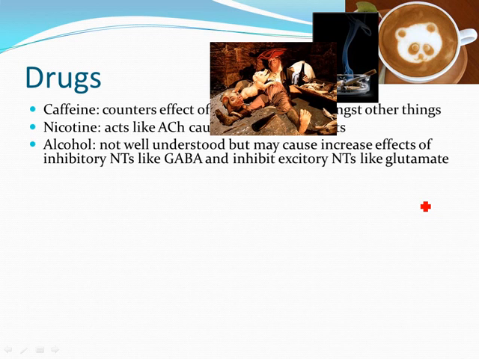But it increases the effects of inhibitory neurotransmitters, like GABA. What does GABA do? Remember? It's going to become negative how? By opening chloride channels. So it's going to enhance that effect. Not only does it do that, it also inhibits excitatory neurotransmitters like glutamate. And what do we say glutamate did?